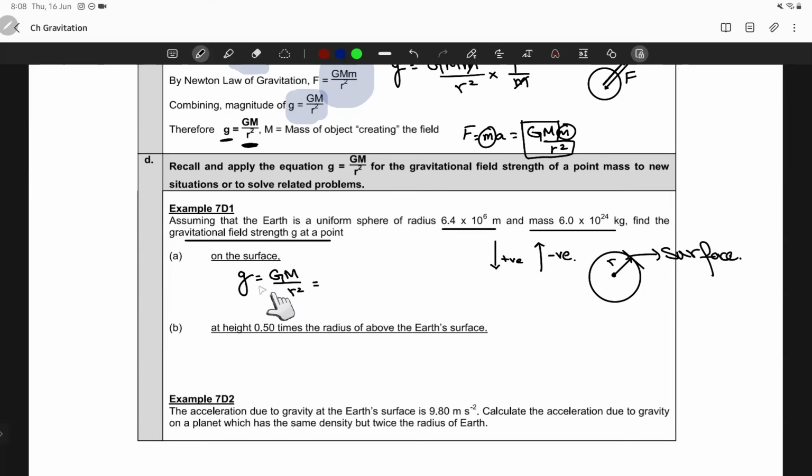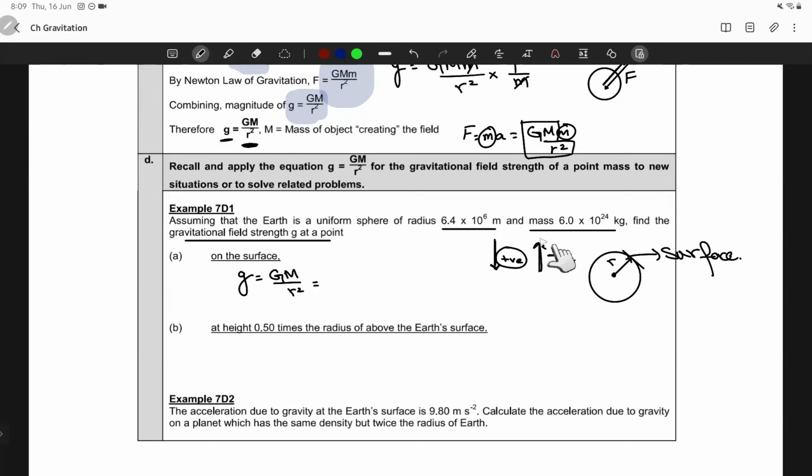Sir, I did not understand the examiner thing. Oh, I was just telling you that it's always a nice idea to define a coordinate system for your problem. What I mean is you can just say that I'm choosing my downward direction to be positive, and my upwards direction to be negative.